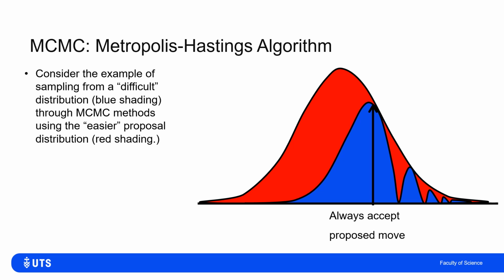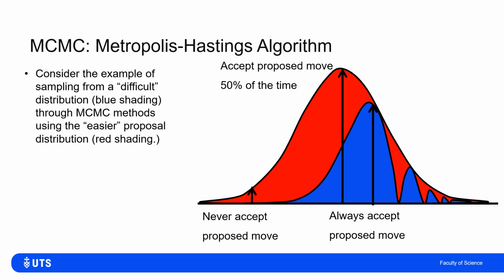So some of the time where the red distribution suggests a point, I will always accept it when that's the right height. Sometimes I'll never accept it when there's no blue there, and sometimes I'll randomly accept it with some probability equal to the ratio of those heights here.